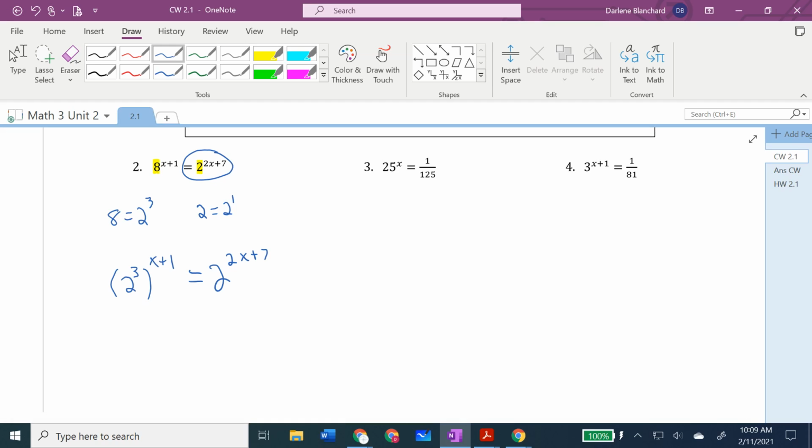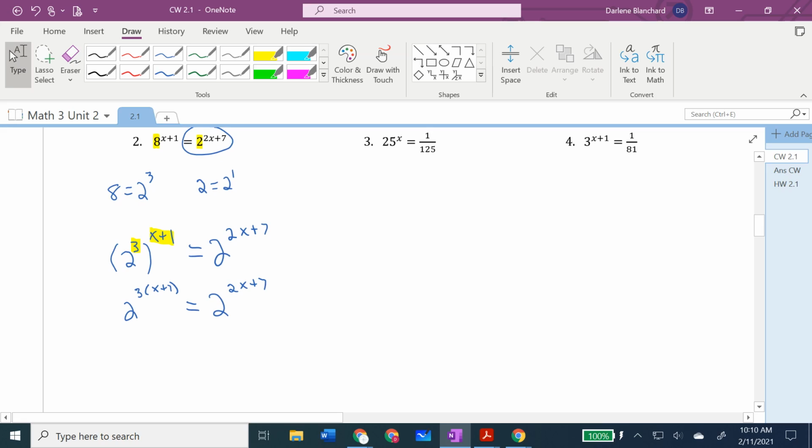Then I use the exponent rule of when I have a base to a power to a power, I multiply the exponents. And once the bases are the same, I can set the exponents equal.